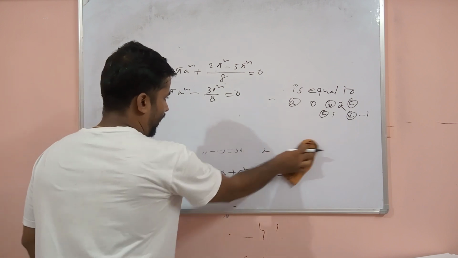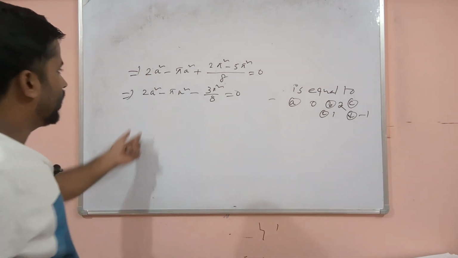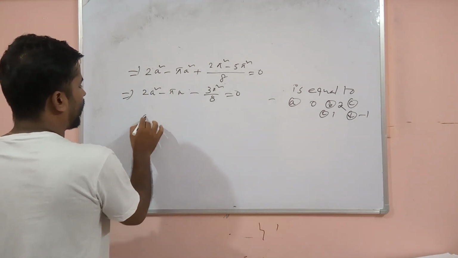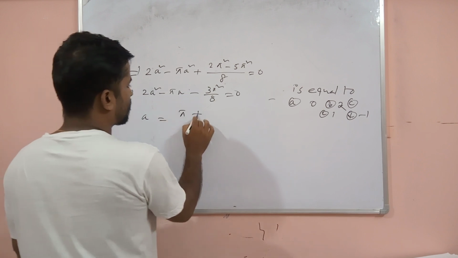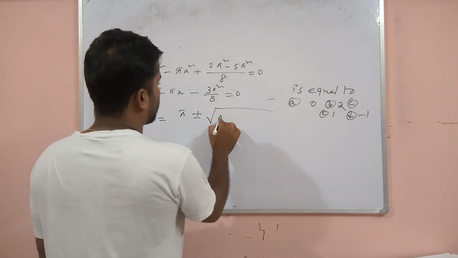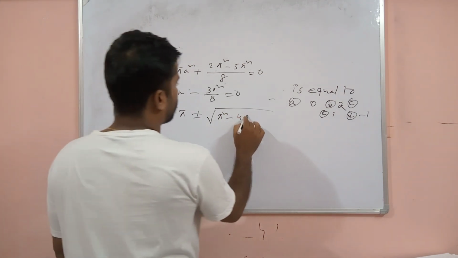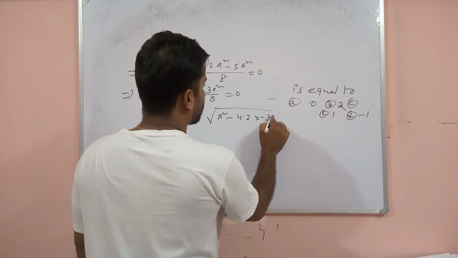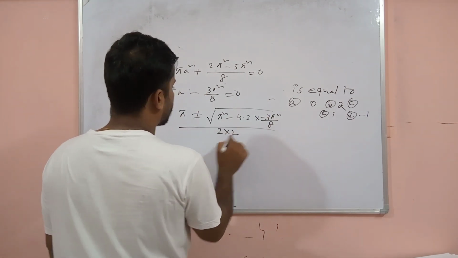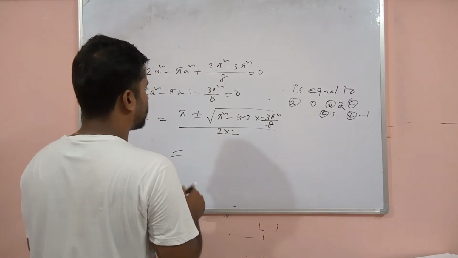Okay, as it is a quadratic equation in a, a would be pi plus minus the square root of pi square minus 4 into 2 into minus 3 pi square by 8, by 2 into 2, so finally it will be simplified.